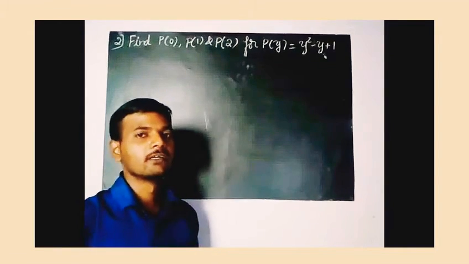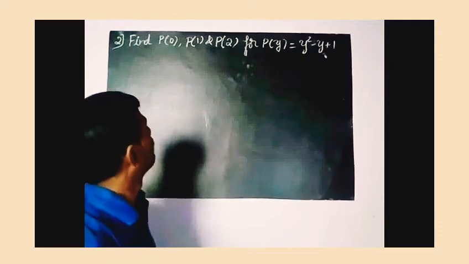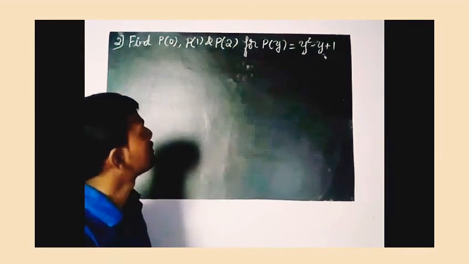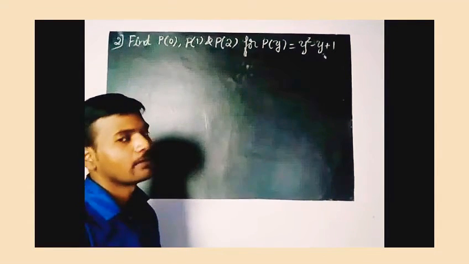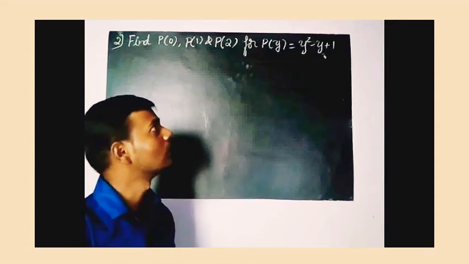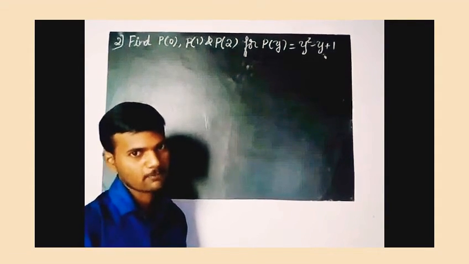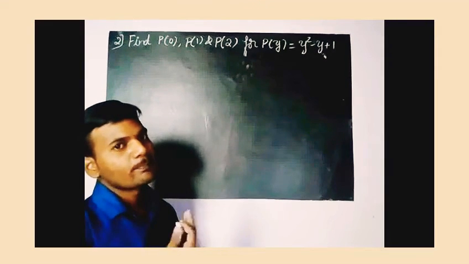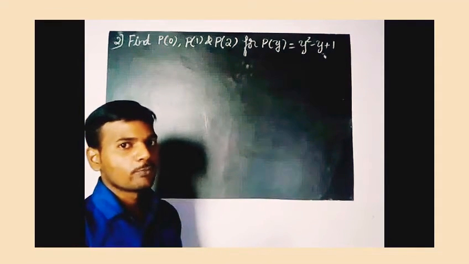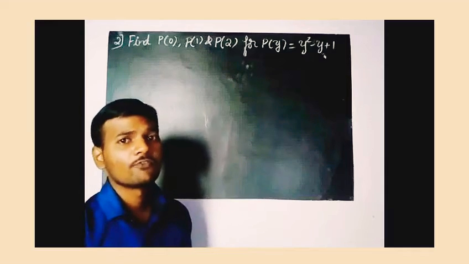Next, we shall discuss: find p of 0, p of 1 and p of 2 for the polynomial p of y is equal to y square minus y plus 1. Okay, p of 0, p of 1 and p of 2 means they are given the values of y.